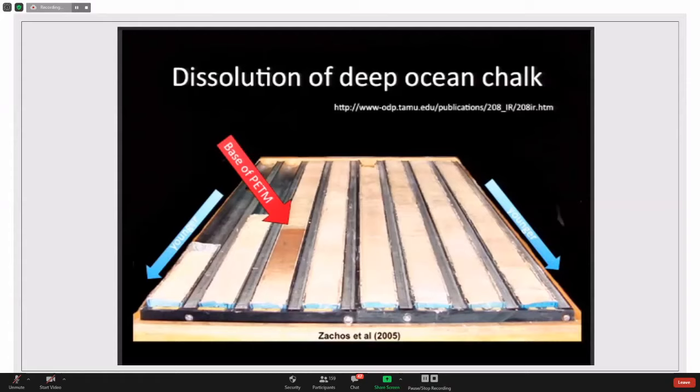So now that we have looked at the past, we would want to know what happens in the future. And this is way ahead in the future. These are just different models which predict what happens if we suddenly dump a lot of CO2 in the atmosphere now, like around 5,000 billion tons of carbon.